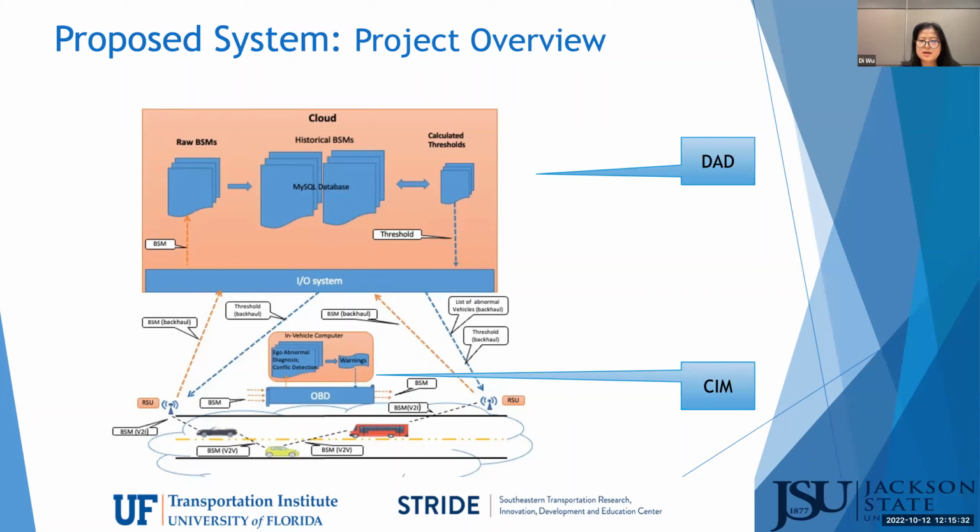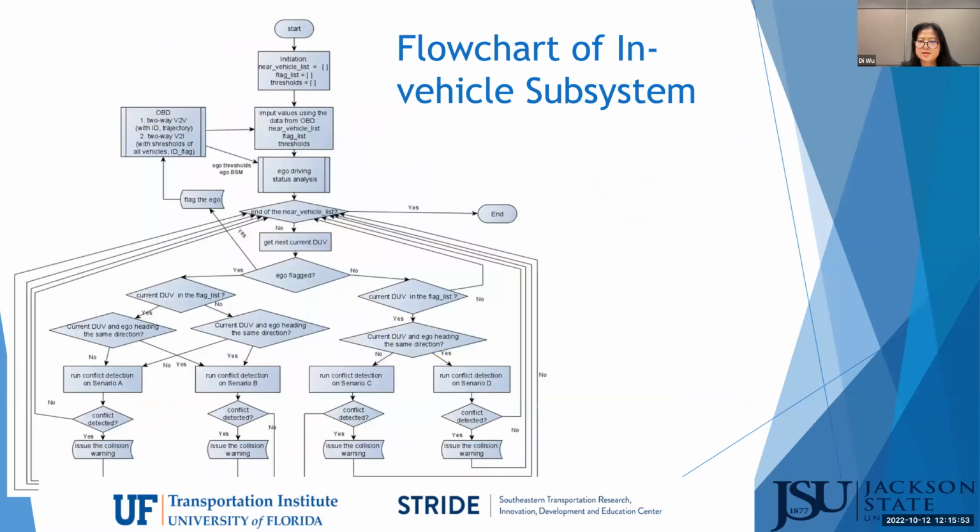The thresholds and the list will be sent to the CVs constantly. And in each CV, there's an in-vehicle subsystem that contains the CNN model and part of the DAD. Next slide.